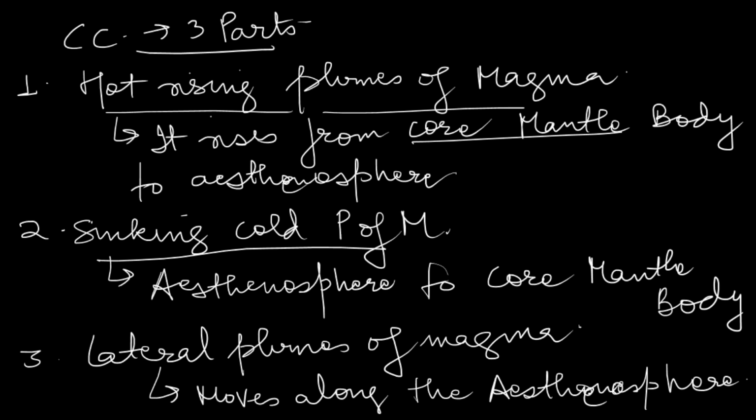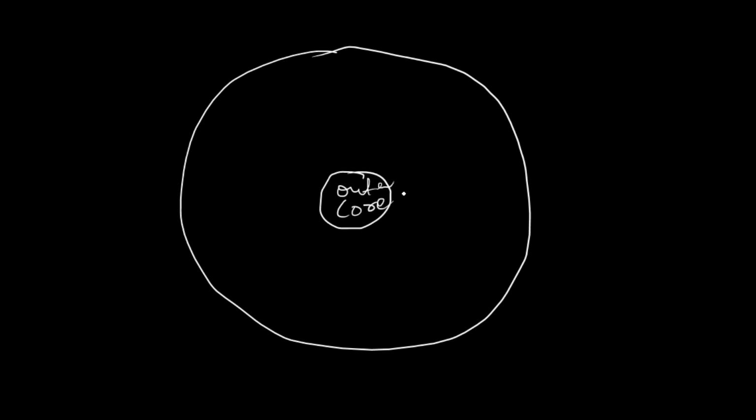So let's see what happens in convectional current. So suppose this is our earth. So this will be the outer core, and above the outer core we have the inner mantle.